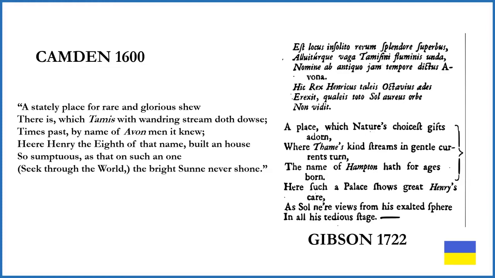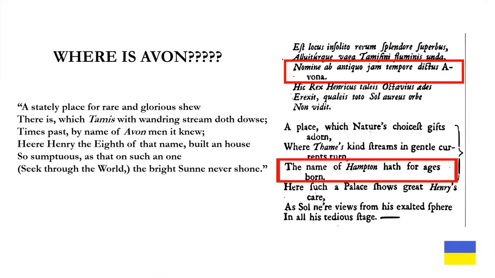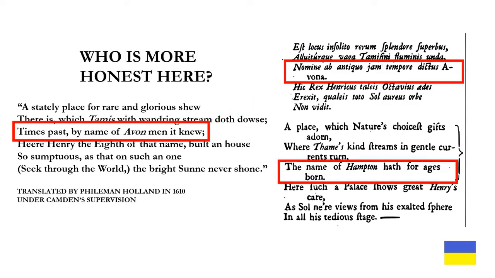Well, the question we ask is, where is Avon? How can Gibson get Hampton out of Avon? At least Philemon Holland got it right. So who is more honest here? Philemon Holland, who translated it under William Camden's supervision, or Edmund Gibson almost 100 years later?